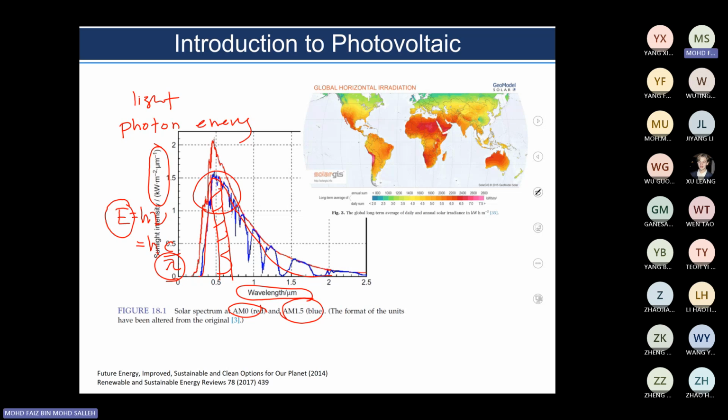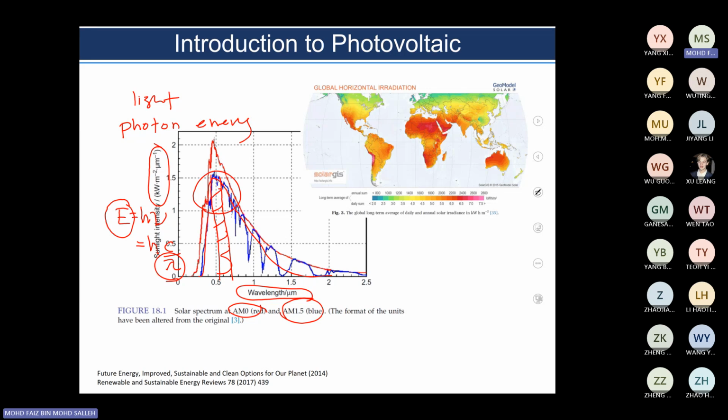So what kind of material can you propose? Semiconductor, very good. And it depends on the band gap. So you need to find the band gap that has the specific energy that can absorb this much energy.